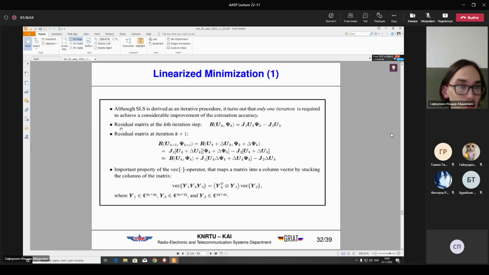We calculate this residual matrix at the kth iteration, for example, and in this case we will have these values here.